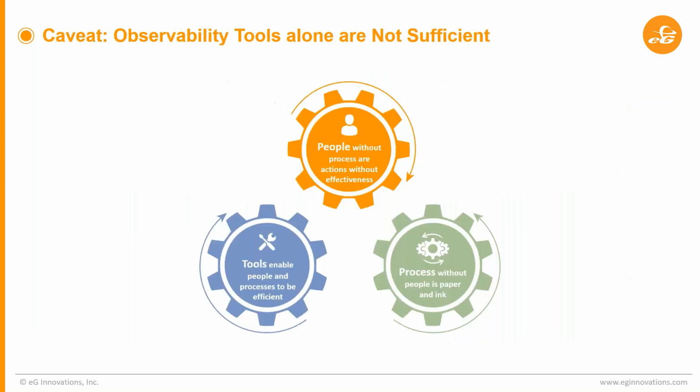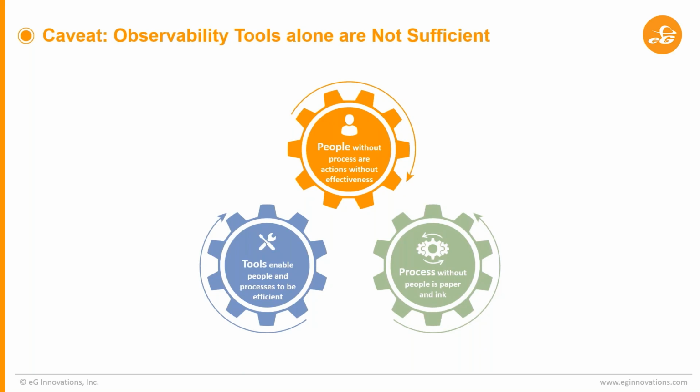I want to end by just saying that tools themselves are not sufficient. So if you just had the best monitoring tool in place, that would not help you become efficient. You need to make sure that you've wrapped people and processes around the tools.